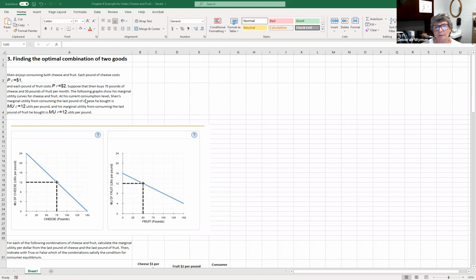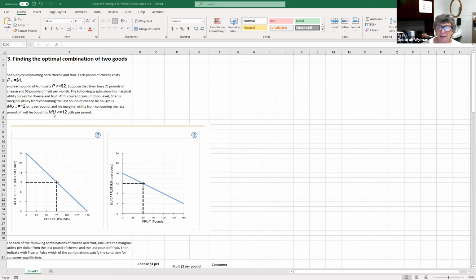At his current consumption level, Shen's marginal utility from consuming the last pound of cheese he bought is MUC, which means marginal utility for cheese, equals 12 utils per pound. And his marginal utility for consuming the last pound of the fruit he bought is MUF.